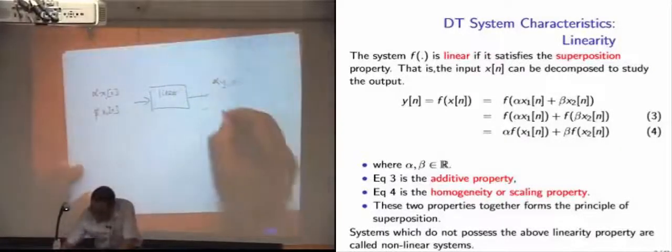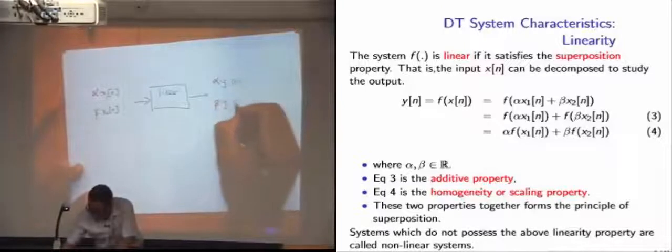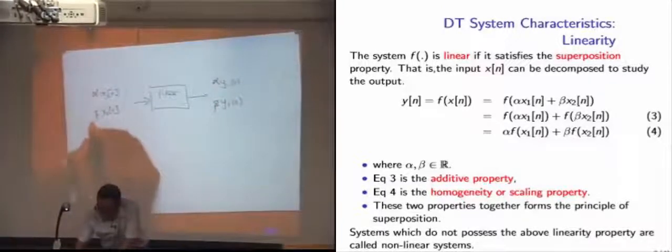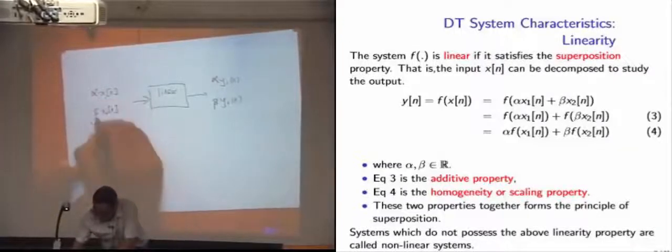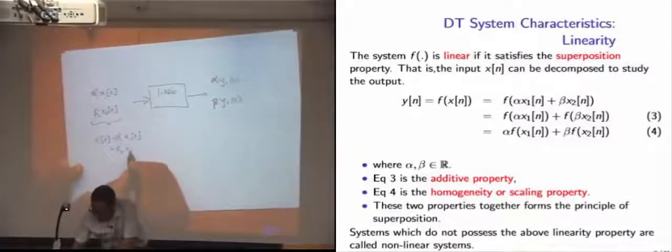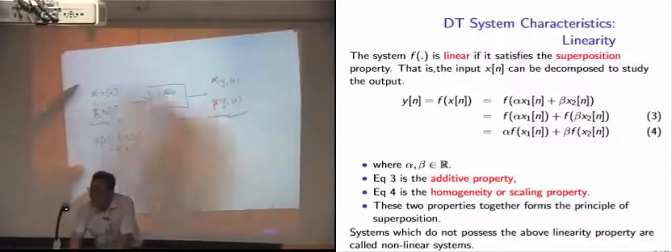Therefore I will also have beta. And the trick was to say that if this system is linear, and my x of n is nothing but alpha 1 x1 of n plus beta 2 x2 of n, then the output sums, correct?